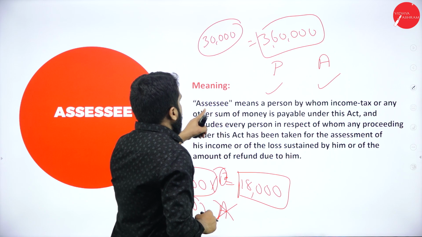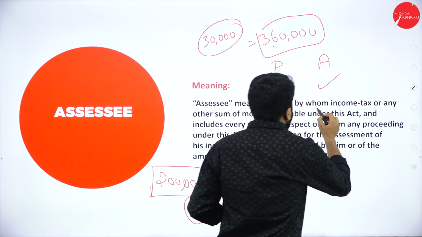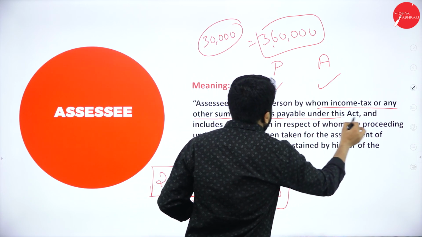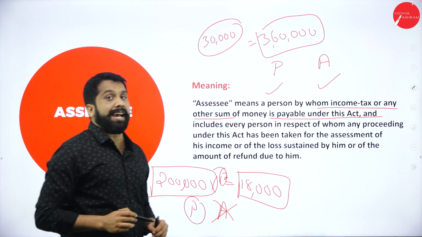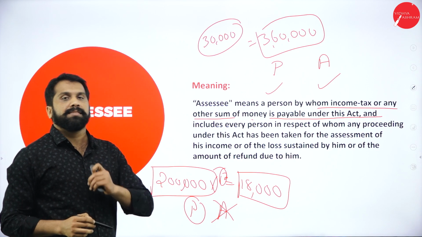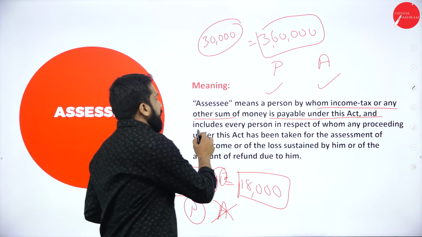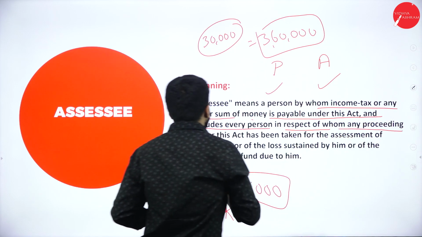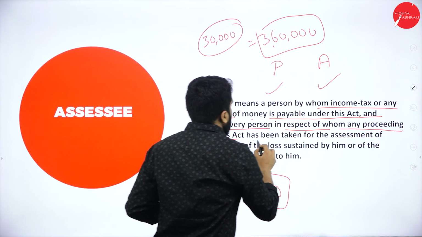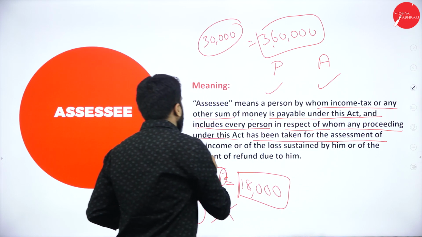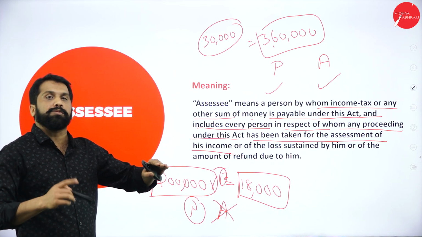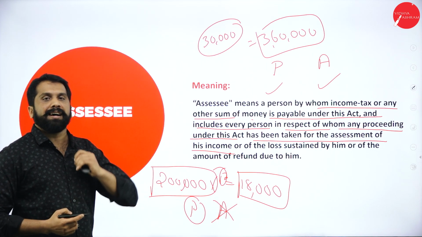Now, assessee means a person by whom income tax or any other sum of money is payable under this Act. What is the Act? Income Tax Act 1961. Now, it includes every person in respect of whom any proceedings under this Act have been taken for the assessment of his income. Any calculation we have done to pay tax, he will come under assessee.